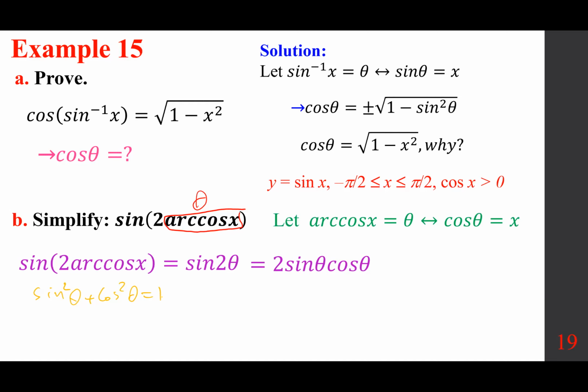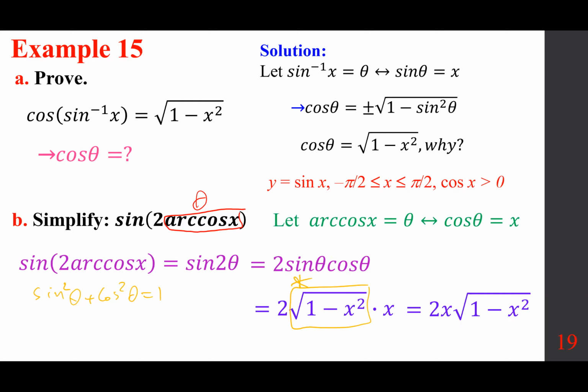And again, in this case, we keep the positive value because of the restriction. And we like to put the x in front: 2x times the square root of 1 minus x squared. And the restriction is that you're looking at cosine inverse, and the restriction we put on cosine inverse was between 0 and pi. So in the first quadrant and second quadrant, sine is always positive. That's why it works that way.